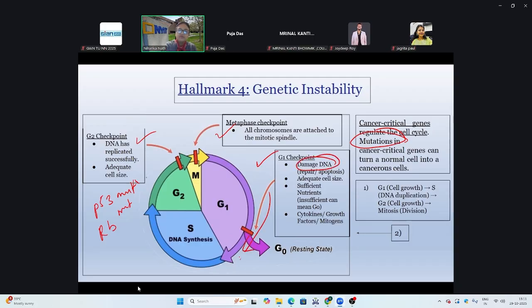It just keeps going. P53 will tell the cells to die, but it will not die. The cell just doesn't listen. If DNA has not replicated, it doesn't matter. Just keep on multiplying, and so two cells will become four, four cells will become eight, and it'll keep multiplying into a useless bunch of cells.